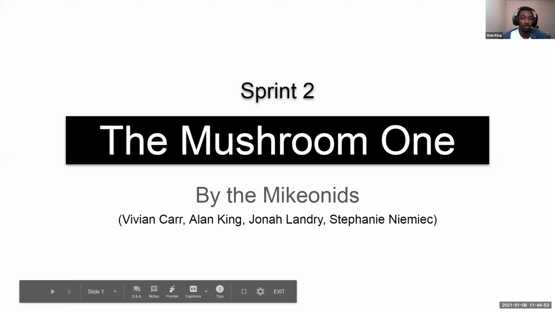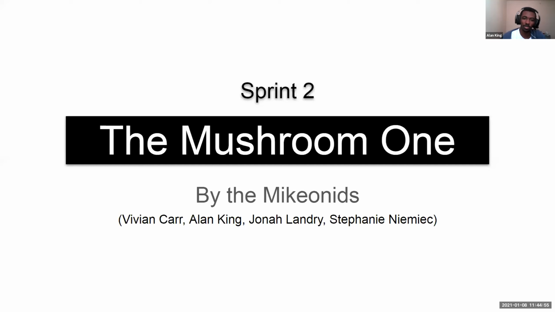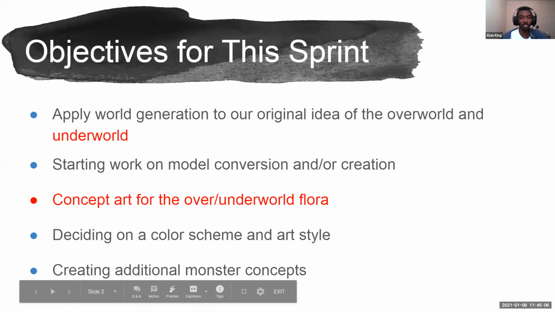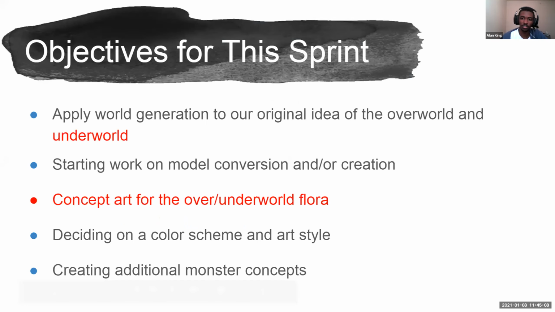Hello. We are the Myconids. I am Alan King, Vivian Carr, Jonah Landry, and Stephanie Nemick. We'll talk about our project. This sprint, we were focusing on the world generation of the overworld and the underworld. We got the overworld situated a bit, but we need to work on the underworld next.